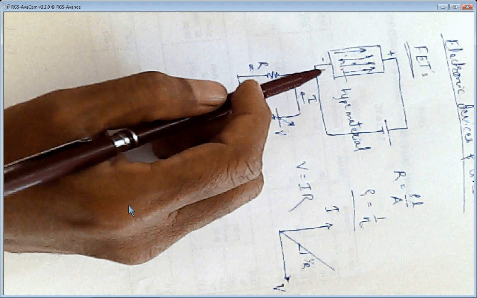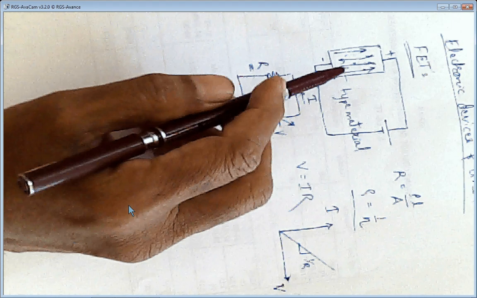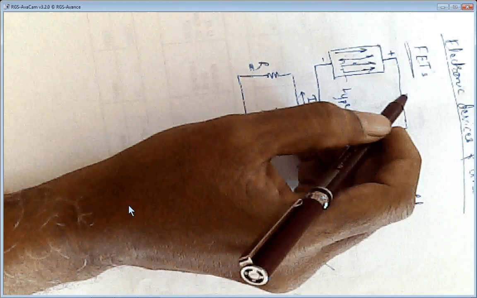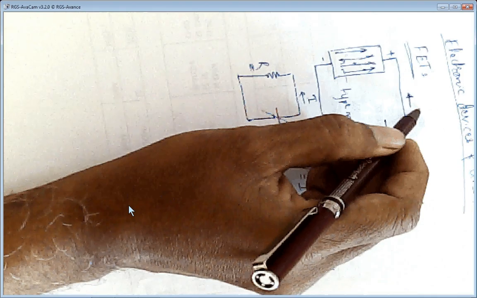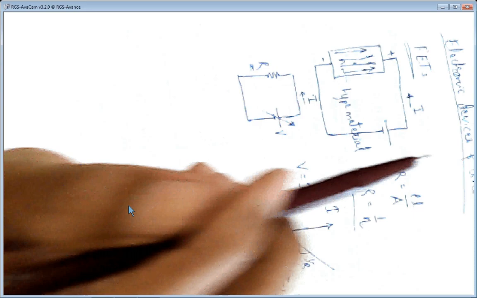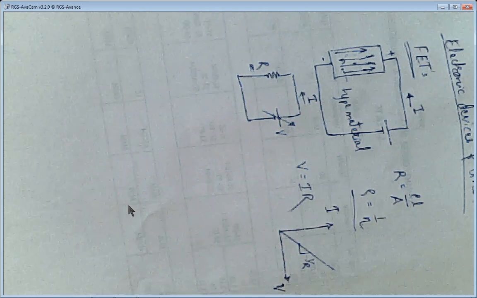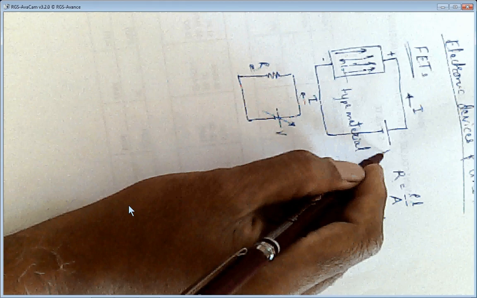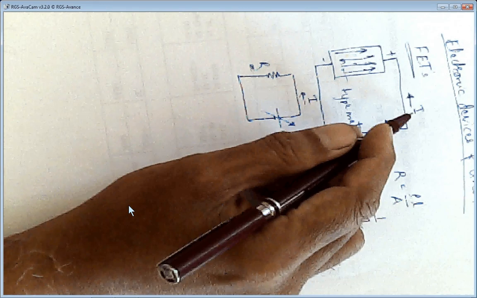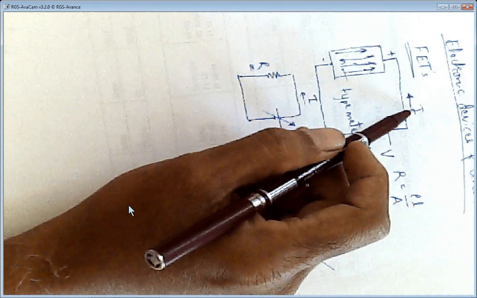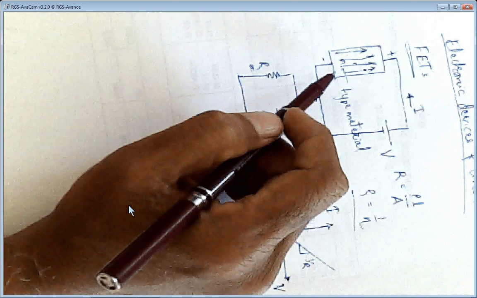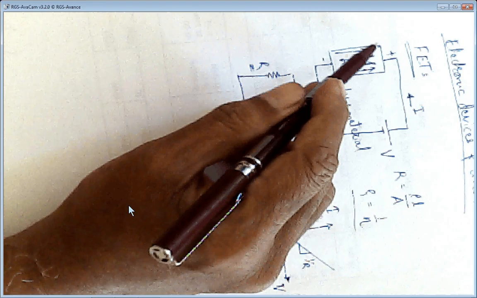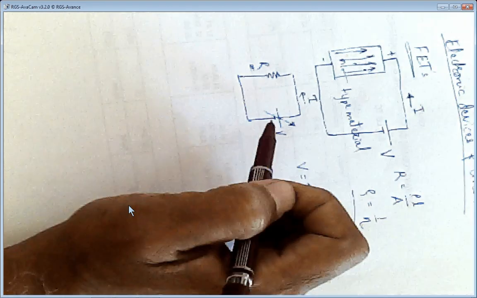So there will be charge carriers flowing, and because of this there will be a current. Normally the current direction is given according to the flow of holes and opposite to the flow of electrons. So as we have applied V, there will be a current flow from positive to negative, which will be opposite to the flow of electrons in the specimen, which is an N-type material.